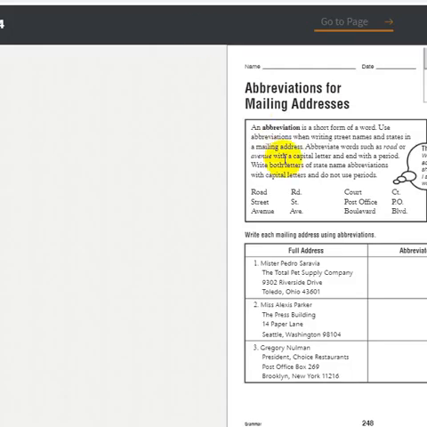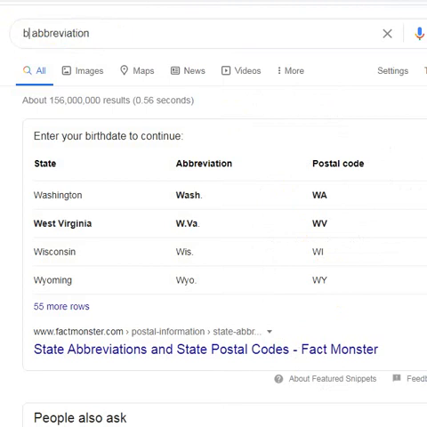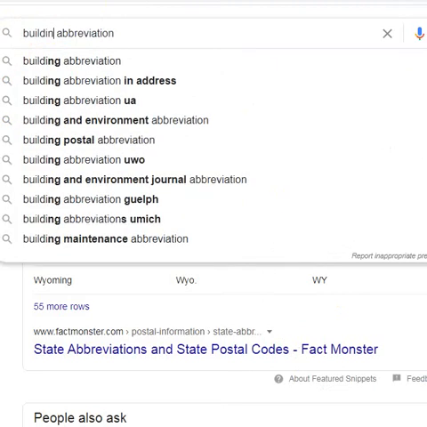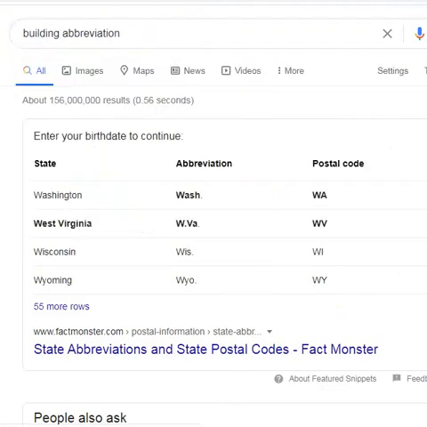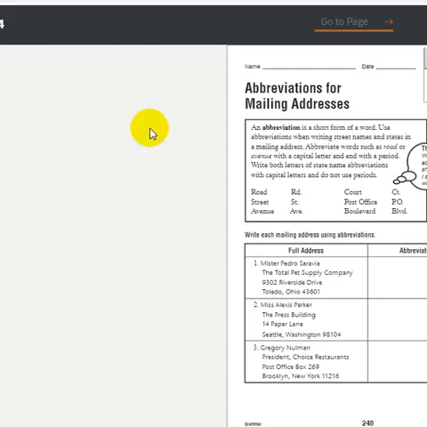Let's say you want to abbreviate the word building. Here we go. Same thing. BLDG is a written abbreviation for building. So, if you don't know the abbreviation for a word, you can use Google to help you out. Okay?